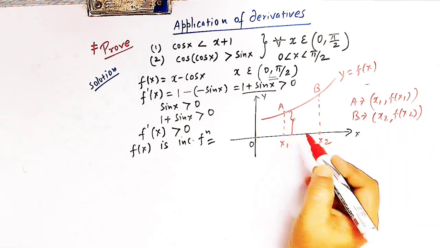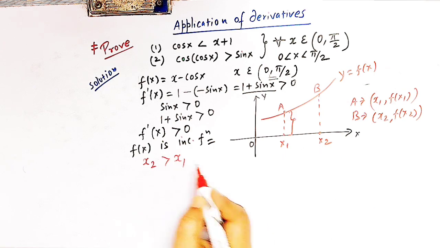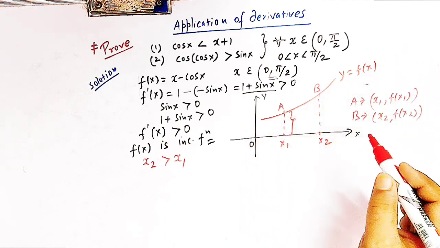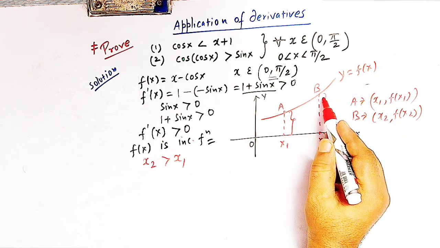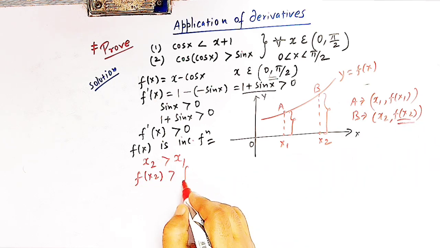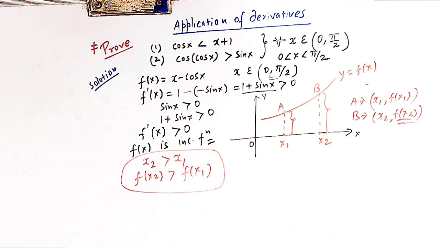Now we can see that when x2 is greater than x1, and the function is an increasing function, then this ordinate, that is f of x2, is also greater than f of x1. So this is an important concept in increasing and decreasing functions, right? So when x2 is greater than x1, then f of x2 is also greater than f of x1 when the function is an increasing function.